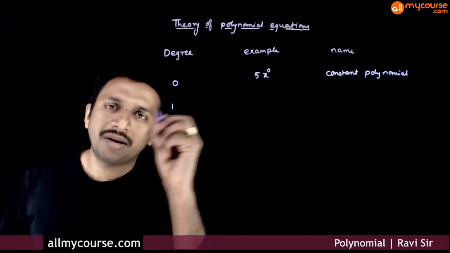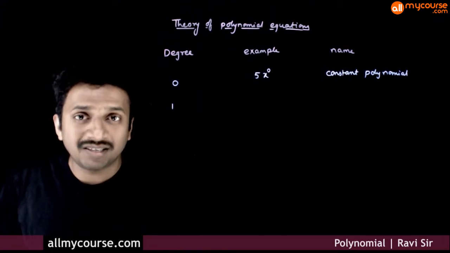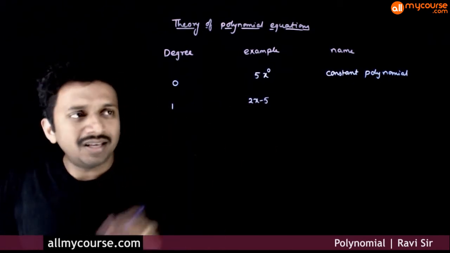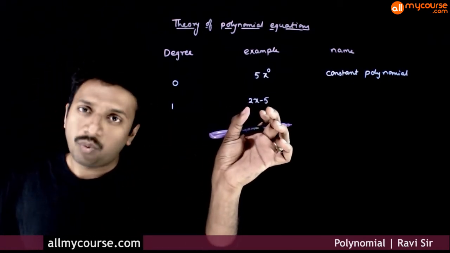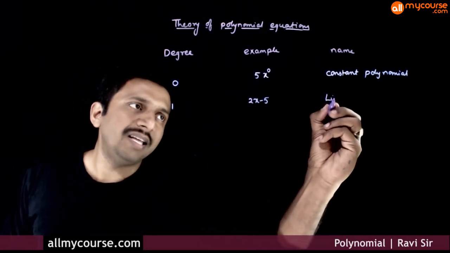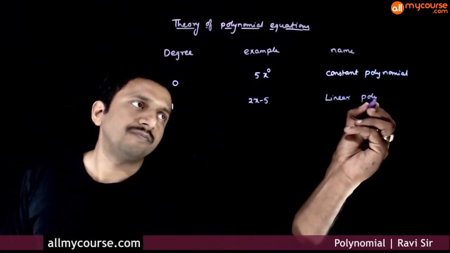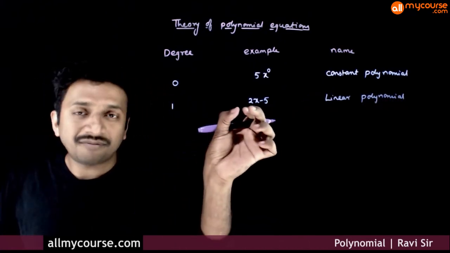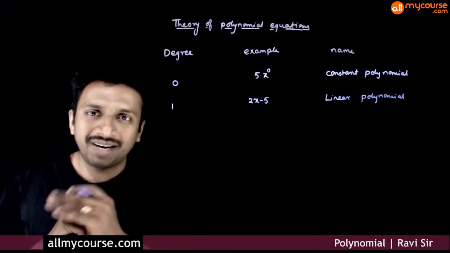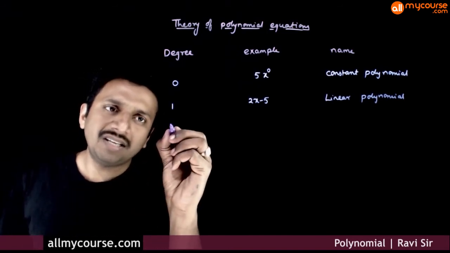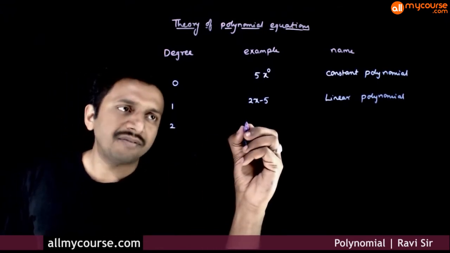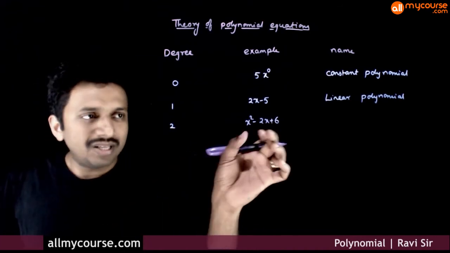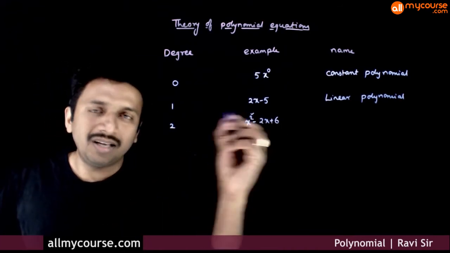Now if the degree is 1, it means the highest power of x present is 1. For example, 2x minus 5. This is a polynomial of degree 1 and is also called a linear polynomial. Linear polynomial, because if you draw the graph of this polynomial, you get a straight line, a linear graph. Next, if the degree is 2, for example, x square minus 2x plus 6, this is a polynomial with degree 2.